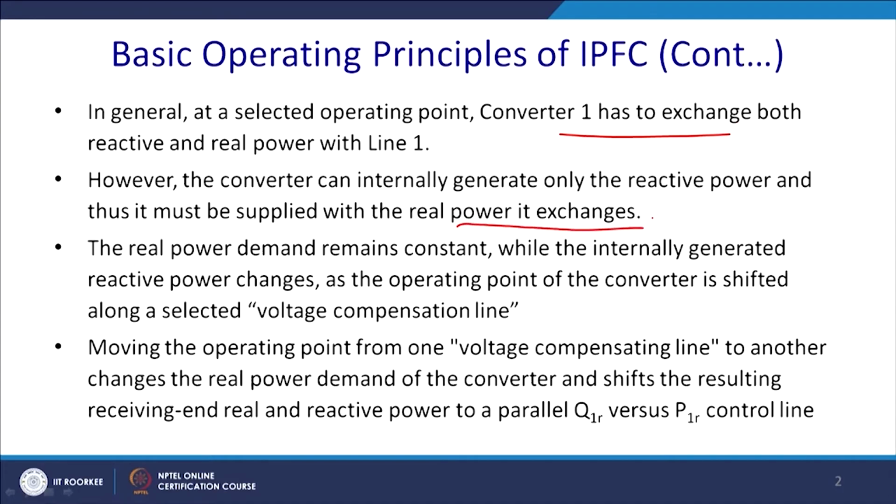The real power demand remains constant while the internally generated reactive power changes. So, we can move to a point of different Q while the real power demand changes. The constant operating point of the converter is shifted along the selected line of the voltage compensated line, which we have seen earlier. These are the dotted chords.